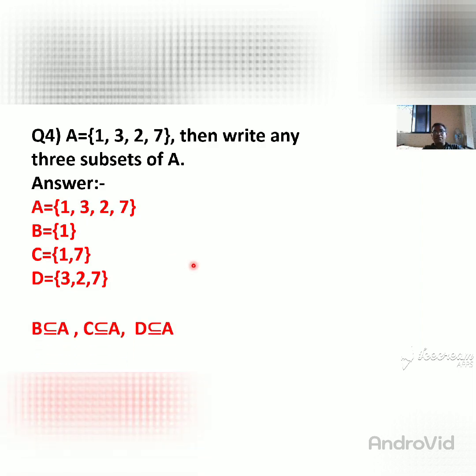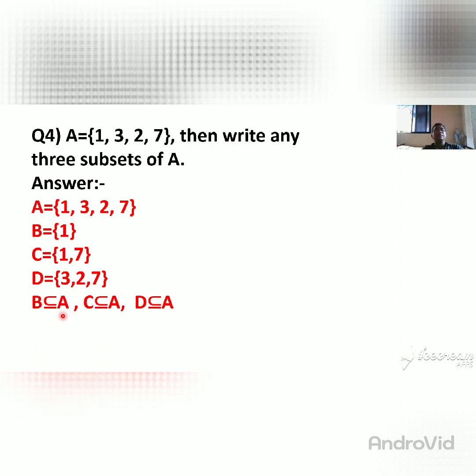Here B is a subset of A because B has 1 and that is in A. C is a subset because C has 1 and 7 that are in A. D is a subset because D has 3, 2, 7 that are in A. So B, C and D are subsets.